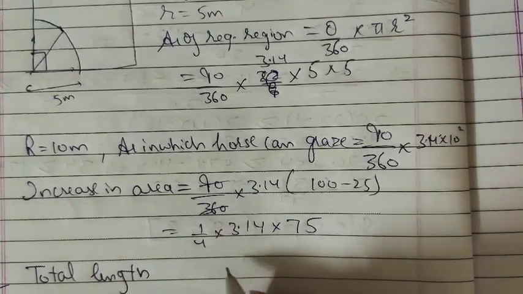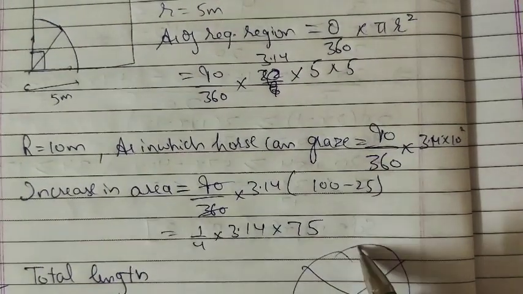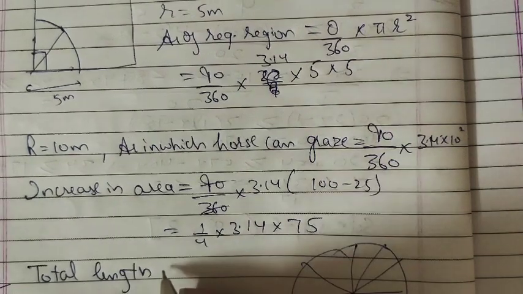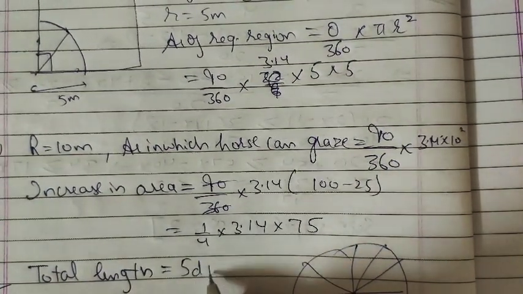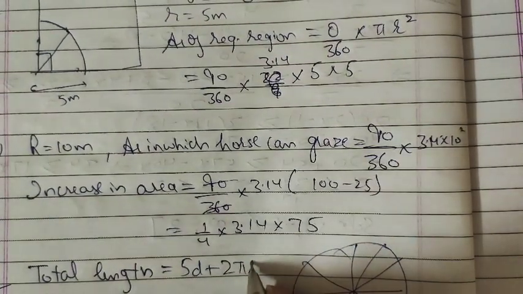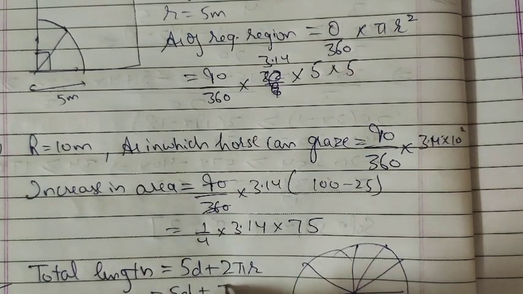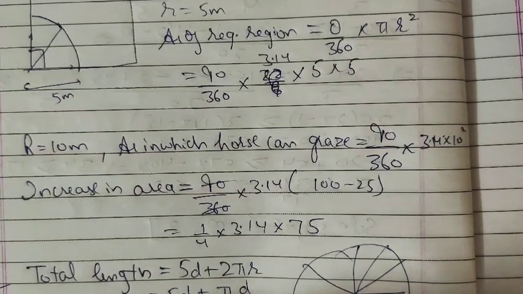So the total length of wire: 5 diameters of wire are used, plus the circumference, 2 pi r. So the total length is 5d plus 2 pi r, and 2r is the diameter, so pi d.